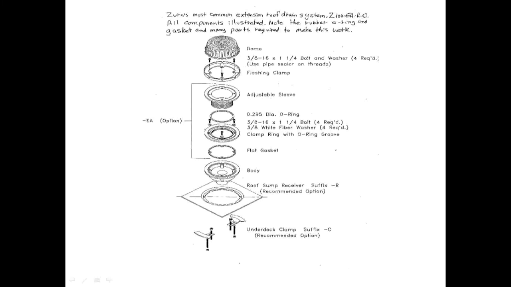So the disadvantage with this outdated design is there's two rubber gaskets in this assembly. Hot weather, cold weather, those gaskets expand and contract and can lead to a leak. And the worst fear that any of us have with a roof drain, again, is a leak on the roof.